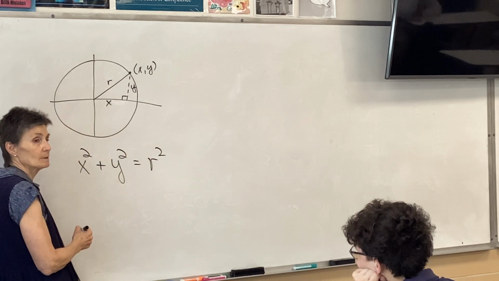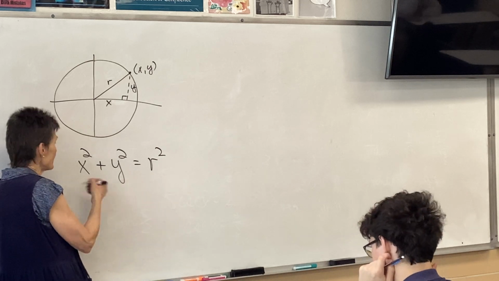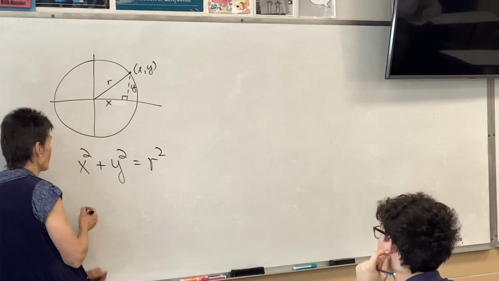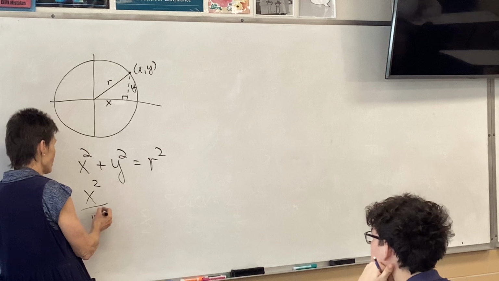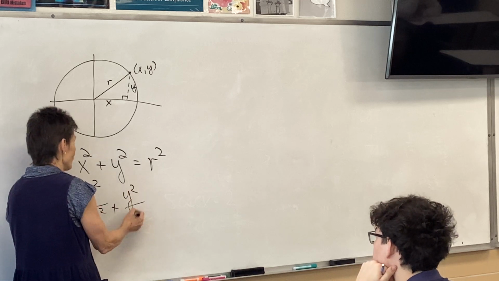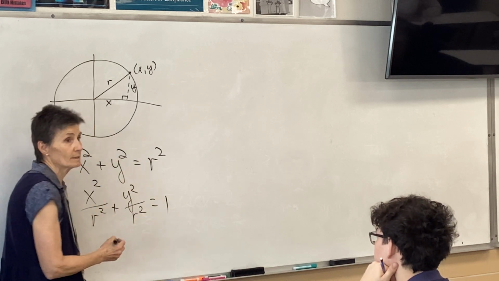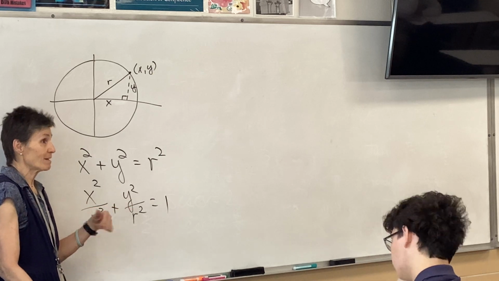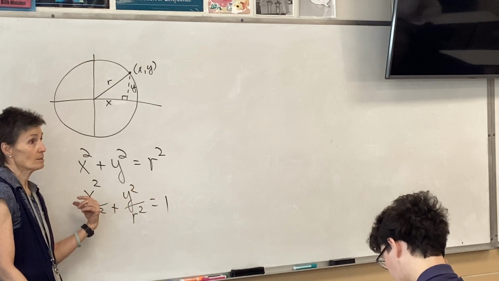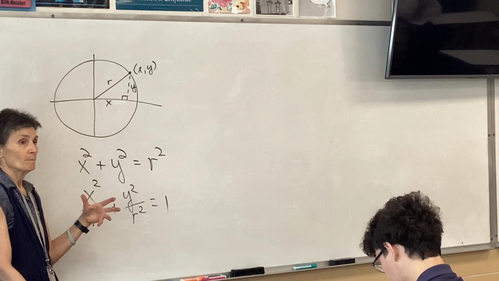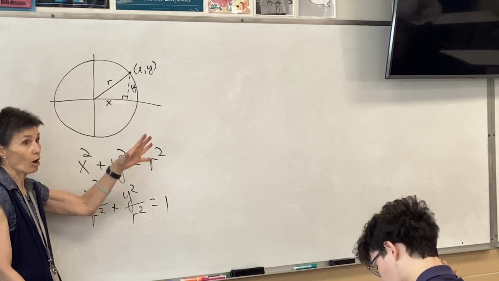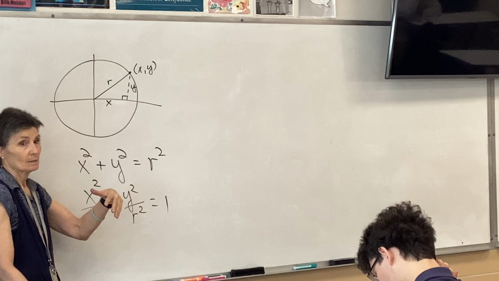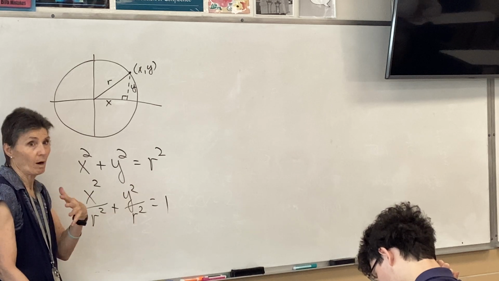And since that's a right triangle, can I say that x squared plus y squared equals r squared? True statement. Can I divide everything in there by r squared? So x squared over r squared plus y squared over r squared equals 1. Now this is a case where division by a variable, I divided by r, is okay, because don't I know r can't be 0? There is no 0 r.